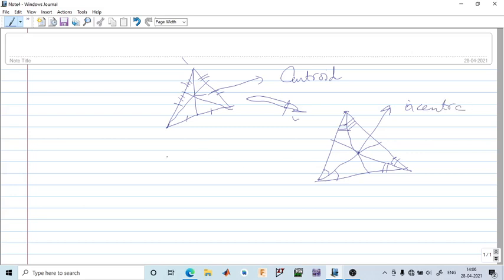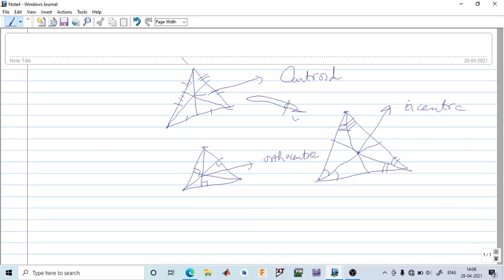What is orthocenter? The point of concurrence of three perpendiculars. That is, suppose this, and this. This point is the orthocenter. And what is circumcenter?